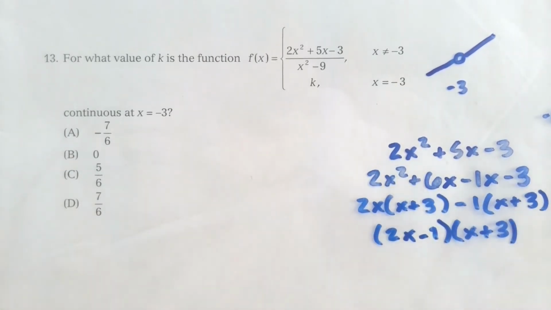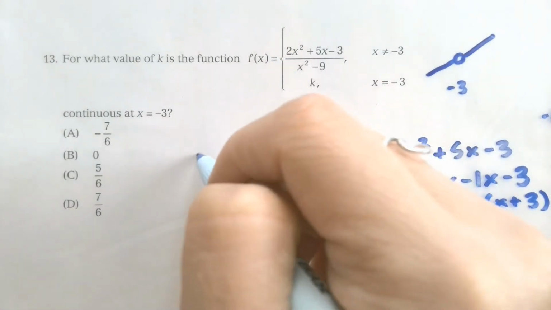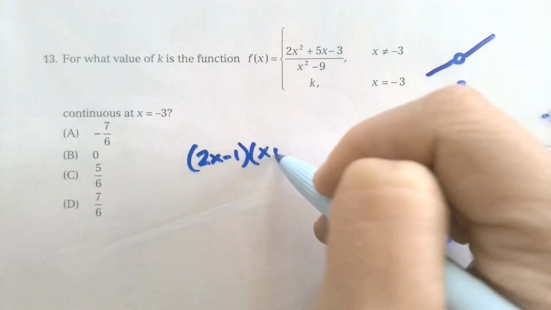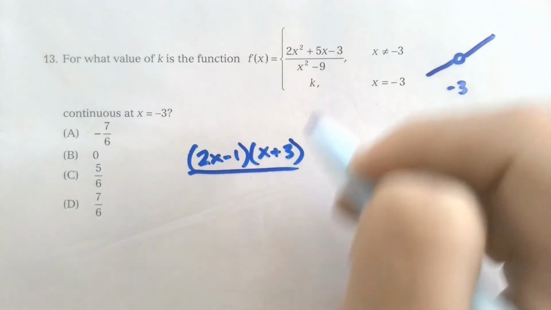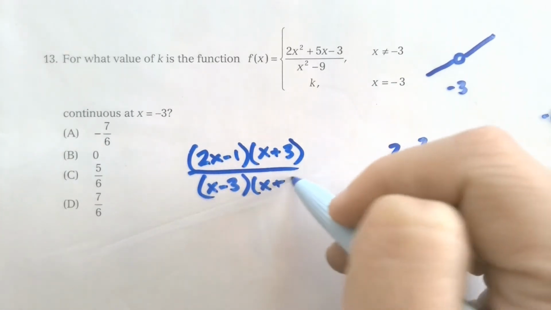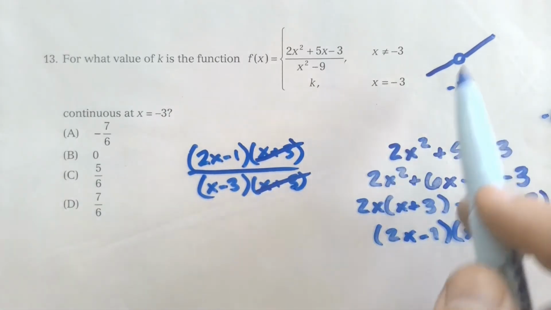Okay, so then relating this back to what we're trying to do, if that's my numerator, I'm sure you can see this. And then factoring my denominator, I've got an x minus 3, x plus 3. So my x plus 3 is canceled, so there definitely is a hole at -3.